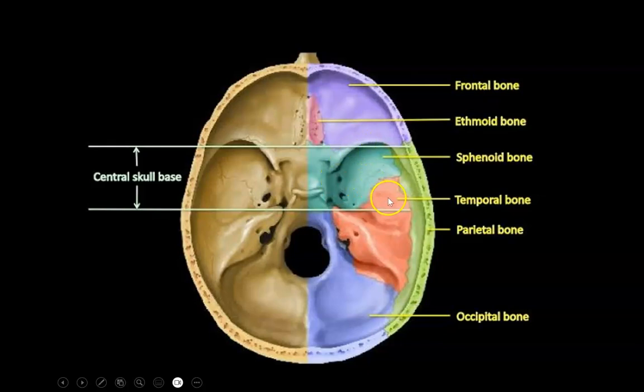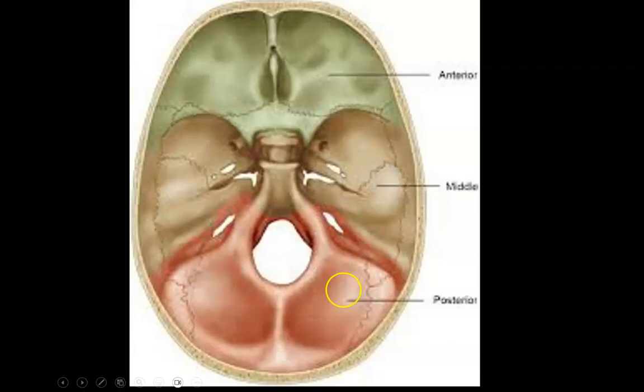Lateral and posterior to it is the temporal bone, and we'll know all the details about this. This is the squamous temporal, this is the petrous temporal, and posteriorly is the occipital bone. So 5 bones: frontal, ethmoid, sphenoid, temporal, and occipital. These are the fossae. Anterior fossa is shallow, the middle fossa is deeper, and posterior fossa is the deepest.